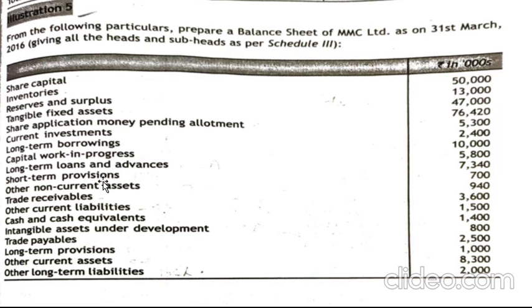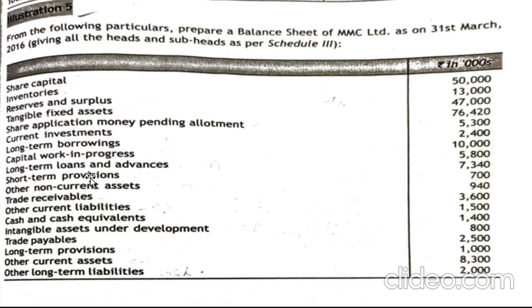Cash and cash equivalents under current asset. Intangible assets under development will come under non-current asset. Trade payables under current liabilities. Long-term provisions under non-current liabilities. Other current assets under current assets. Other long-term liabilities under non-current liabilities. So these are the headings as well as subheadings for the items shown in the question.